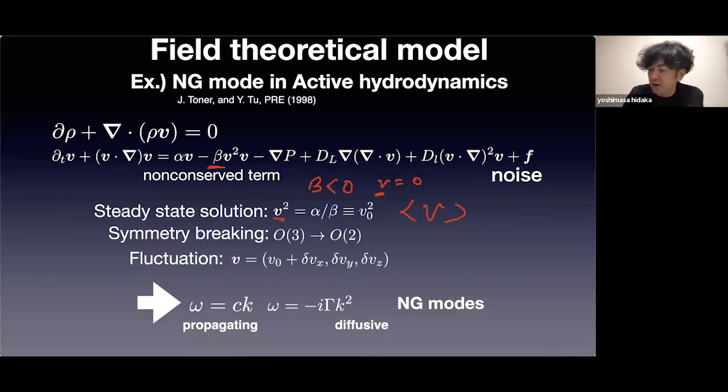So this is a classical case, so there is no ordinary expectation value, but this classical solution corresponds to the non-vanishing velocity.